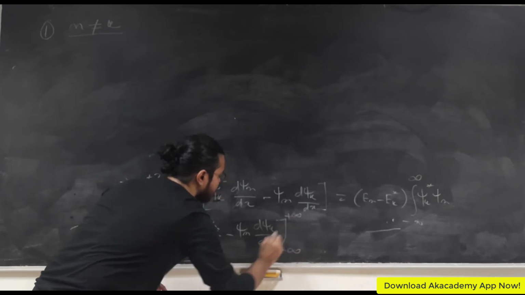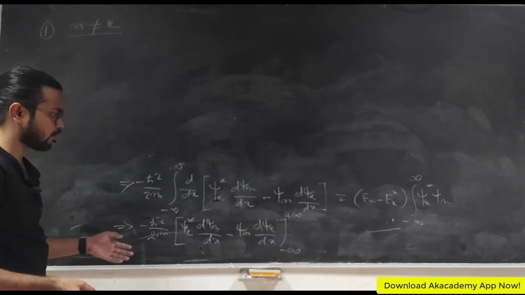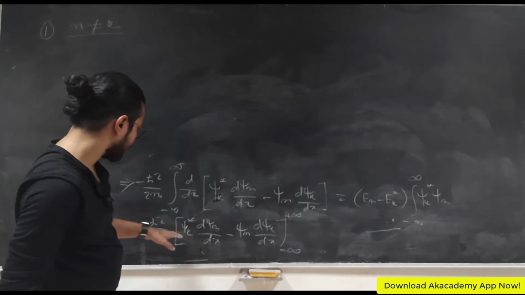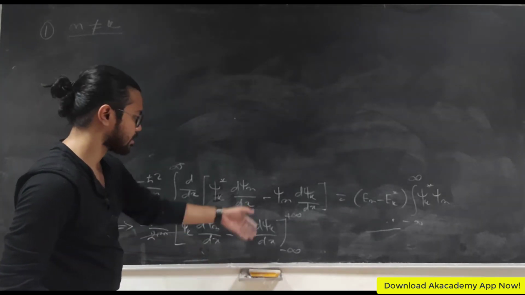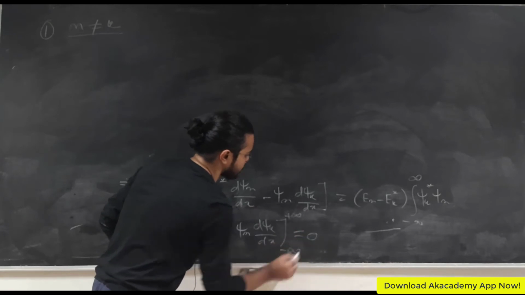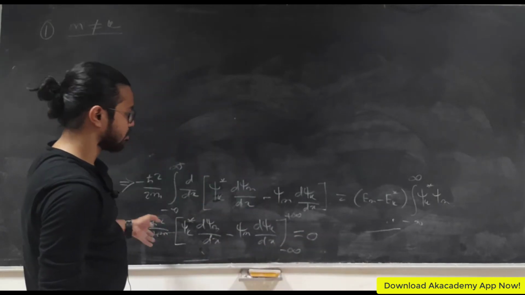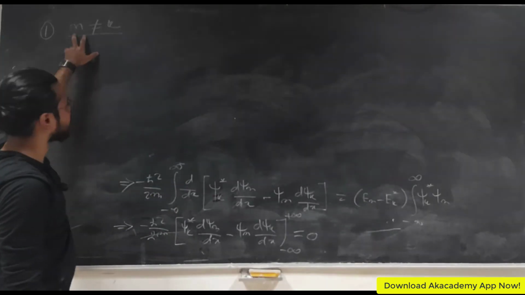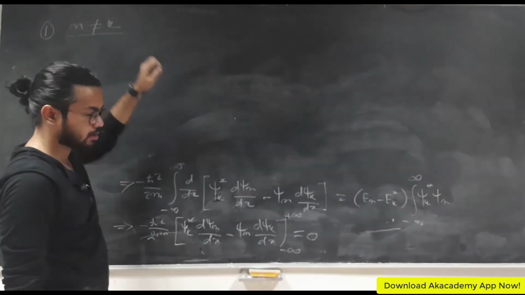Now we know from the properties of psi that the wave function vanishes at infinity, so this will be 0. So our left hand side is 0 when n is not equal to k.